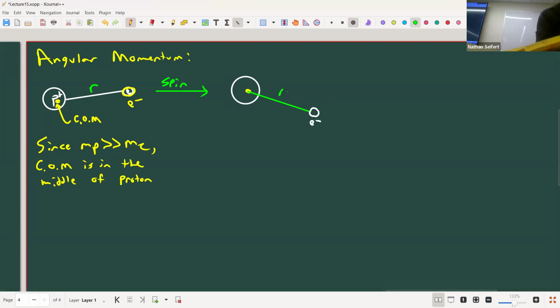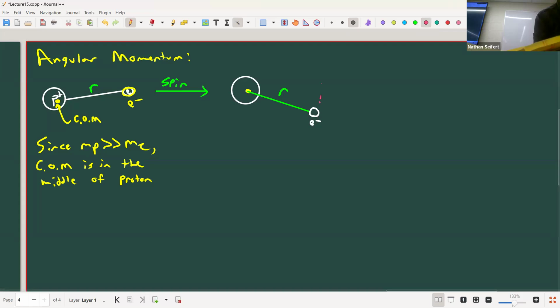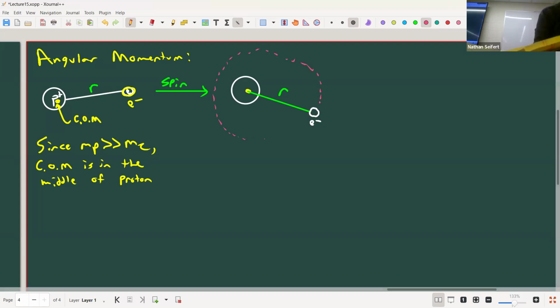And we're going to spin it in some direction in this way. So we just let the electron orbit around in this direction.